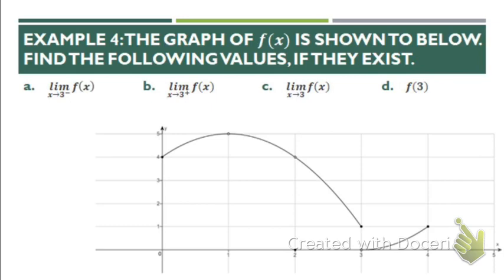On part A, this notation down here tells me that I am approaching what x value? From the left, yes. So we are going to approach x equals 3 from the left side.